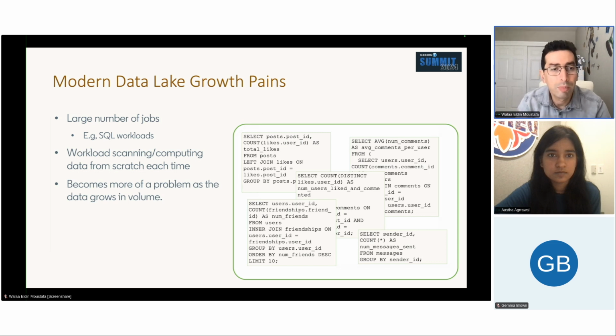So far we've been talking about the diversity of tools and technologies that are being used in data lakes, but the other important dimension is magnitude. In modern data lakes, data keeps growing as more usage is adopted by the tool or the utility provided by the company or the application.